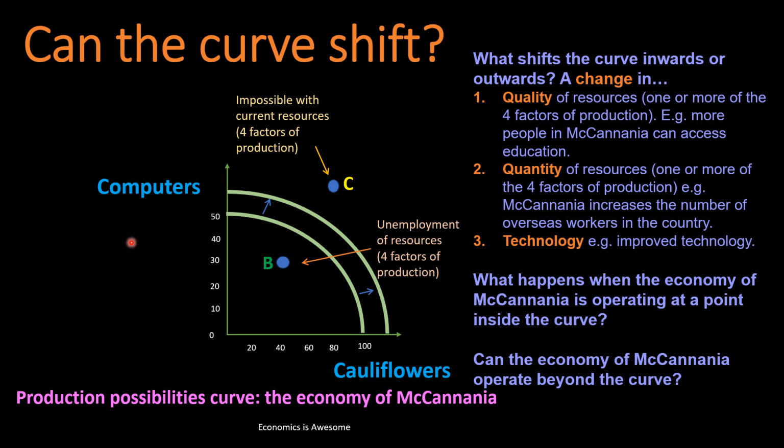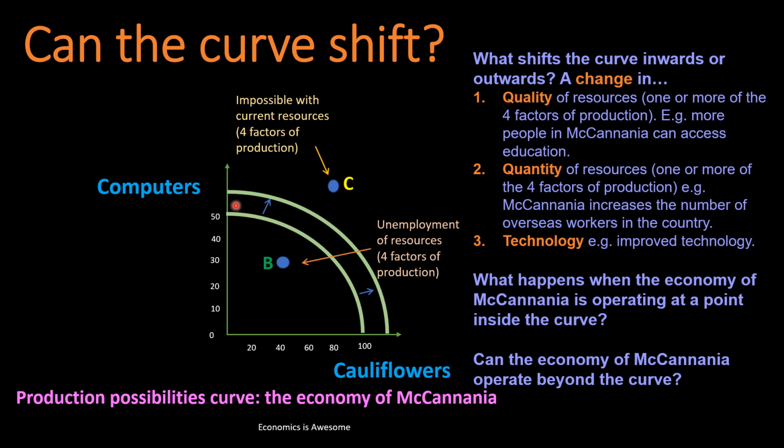So just think about what you're given in a test or in an assignment. And then what happens when the economy is operating at a point inside the curve? So if it was operating at B, you would have unemployment of resources. So one or more of the 4 factors of production, there would be some unemployment of resources.